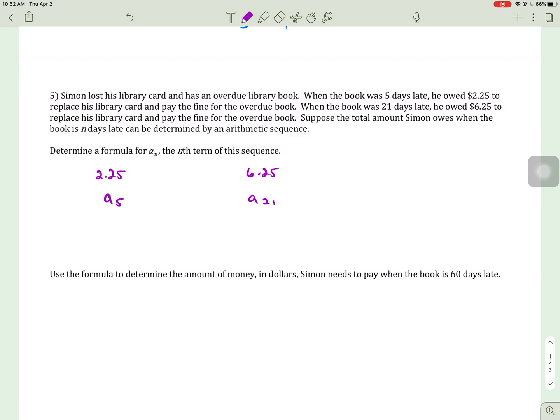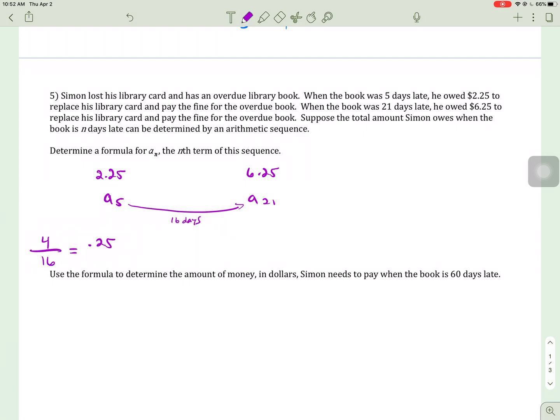So it went up in 16 days. It went up how much? $4. So $4 in 16 days, that's 25 cents per day. Okay? So it went up 25 cents per day.